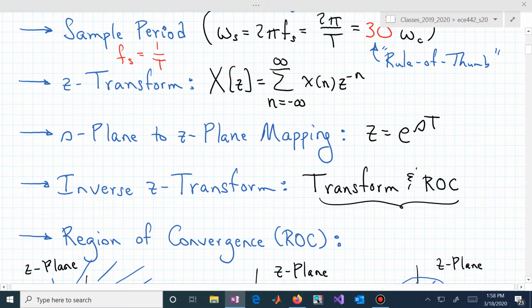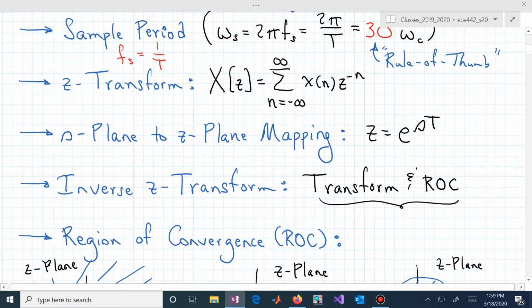If we didn't have the region of convergence, I could actually give you a time domain sequence that's consistent with the transform that you've supplied me with to be either right-sided or causal or left-sided or anti-causal, depending on where it starts in the time domain.